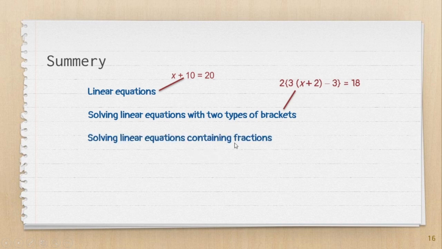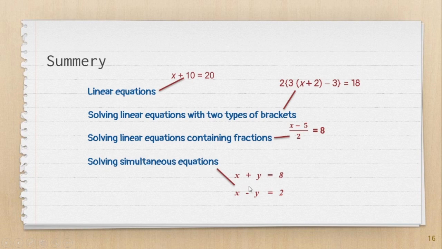The second topic is equations with two types of brackets. I taught you how to solve this type of equation. The third topic is equations containing fractions. Finally, simultaneous equations. In this part, I asked you to try some pairs of equations containing both x and y. You have to solve them by yourself.